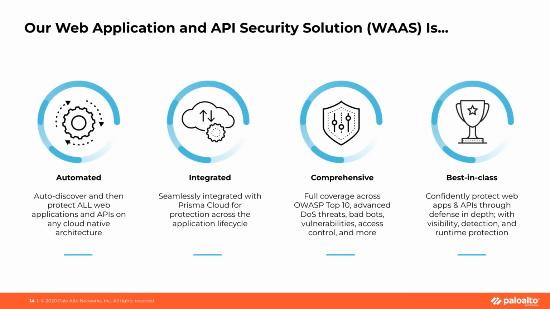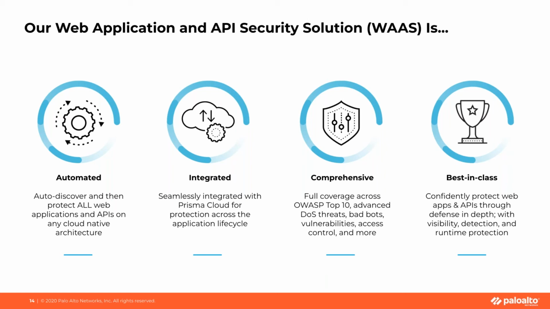So this is a quick overview of our web application and API security solution, WAAS for short. It's automated, so it easily auto-discovers and protects all web applications and APIs on any cloud-native architecture in your private cloud, public cloud, or a hybrid of both. It is seamlessly integrated with the industry's leading cloud-native application protection platform, Prisma Cloud, which protects the application across the application lifecycle.